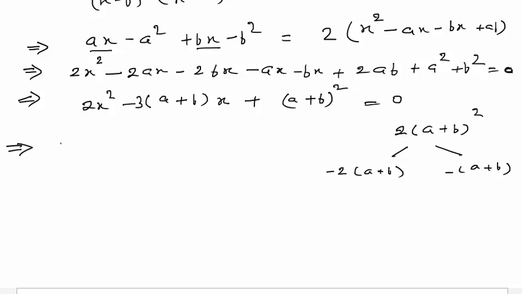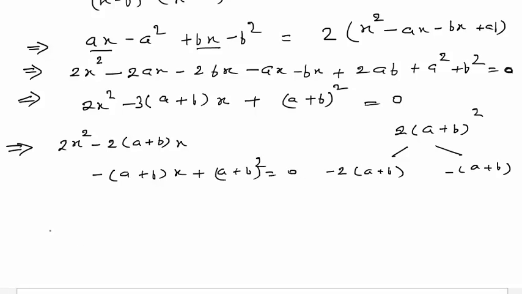So this thing I will write as 2x square minus 2 times a plus b times x, minus, I write here downside, minus a plus b times x, and finally I have a plus b the whole square equal to 0.